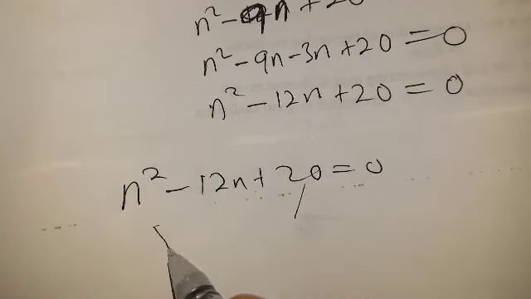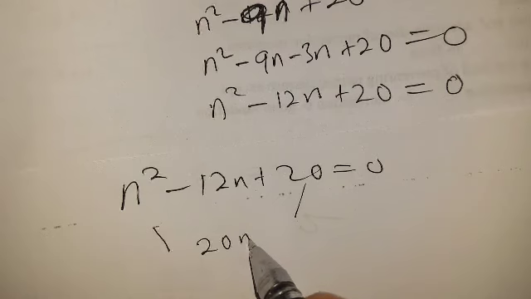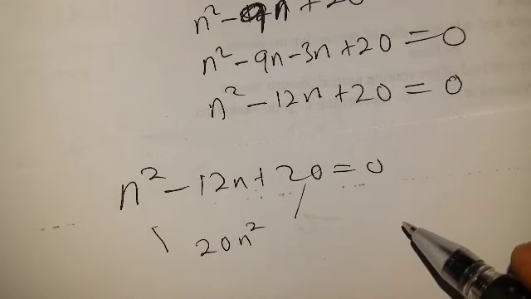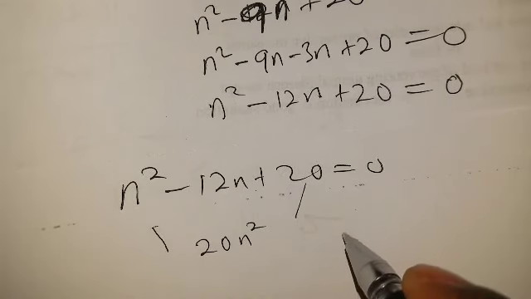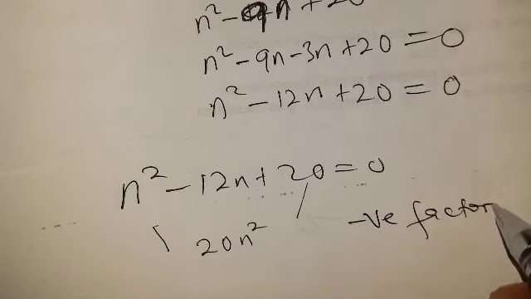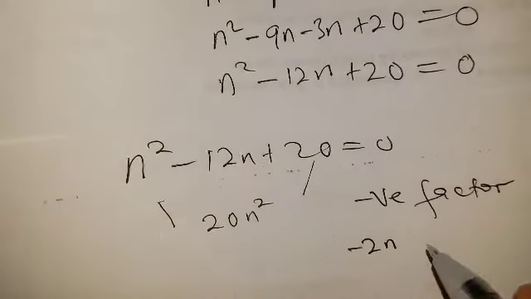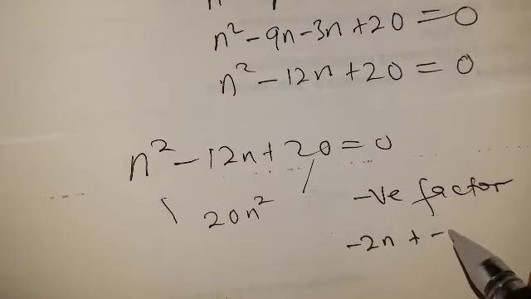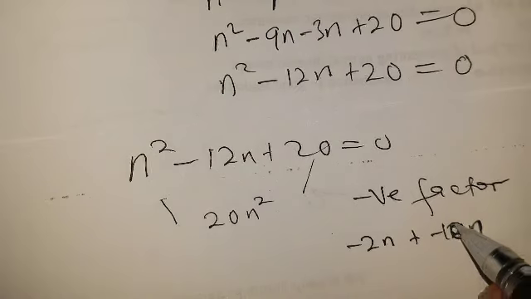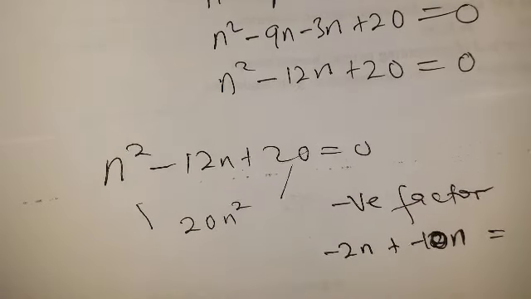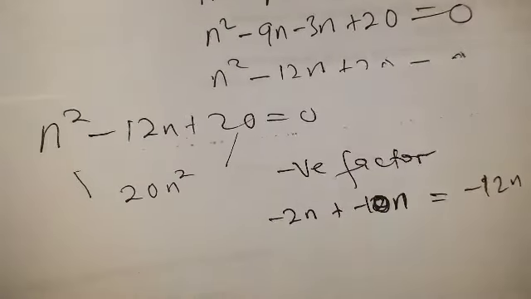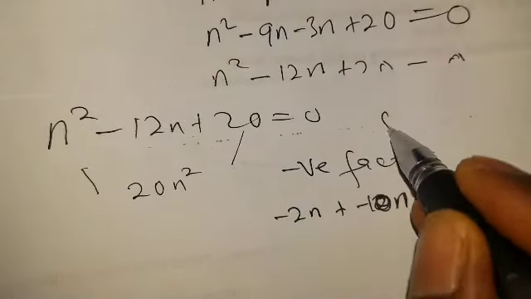When you multiply, you have 20n squared, and for the factors of 20 we have the negative factors: minus 2n plus minus 10n will give you minus 12n. This is for the sum.